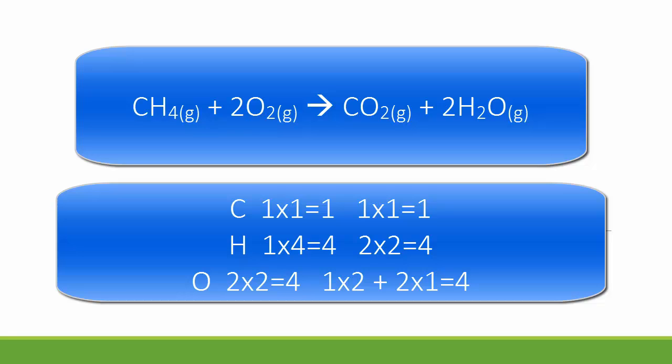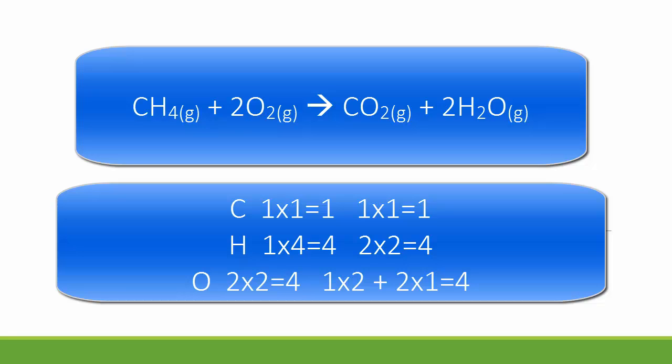So in the first molecule, it's 1 times 2, 1 set of 2. And in the second molecule set, it's 2 sets of 1. So 1 times 2 is 2, plus 2 times 1 is 2, which equals 4.